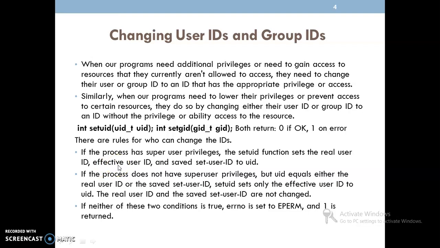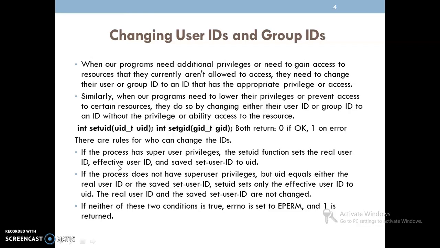Whenever we get super user privileges, we get the access permission, and that ID I can call the effective user ID. Later on, when we want to save the program, that ID I can call the saved set user ID here.